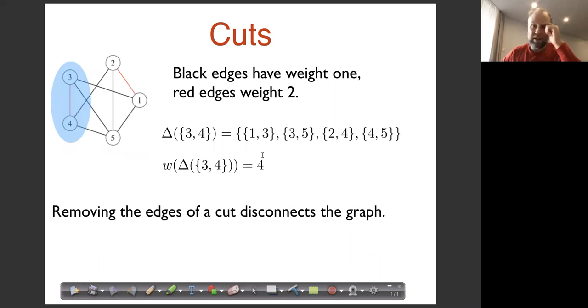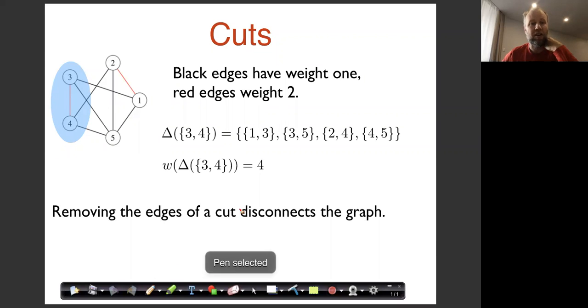Okay, so here we have a little example. This is a graph that I'm going to be using as a running example throughout the talk. The black edges here just have weight 1, the red edges have weight 2. So if we take the set {3, 4}, this defines a cut, and the edges in that cut are going to be edge 1-3, edge 3-5, edge 2-4, and edge 4-5.